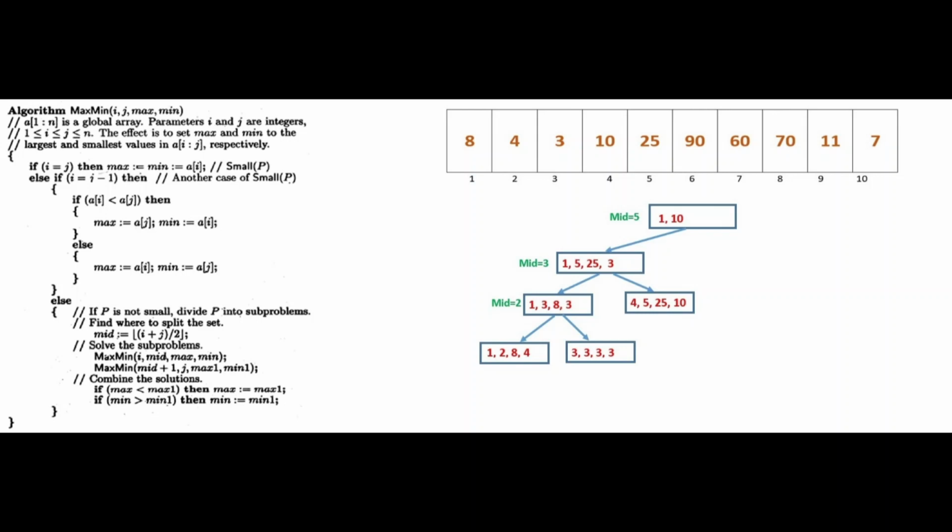Its parent's values are i is equal to 1, j is equal to 10, and mid is equal to 3. There are 3 values. We keep 3 values.